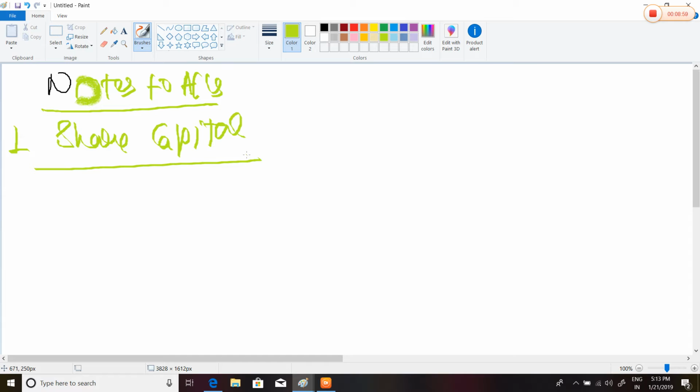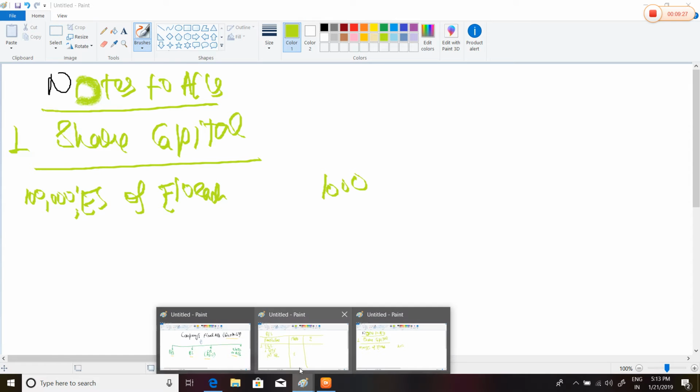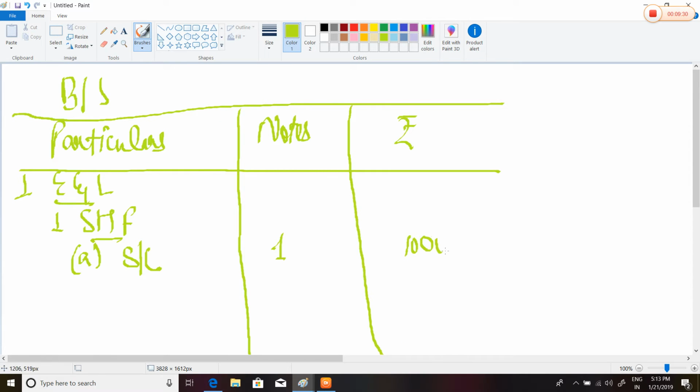See how much we are given: 1 lakh equity shares of rupees 10 each, fully paid up. The amount is 1000. Every amount is in thousands, so you have to write it here in thousands. Then reserves and surplus.